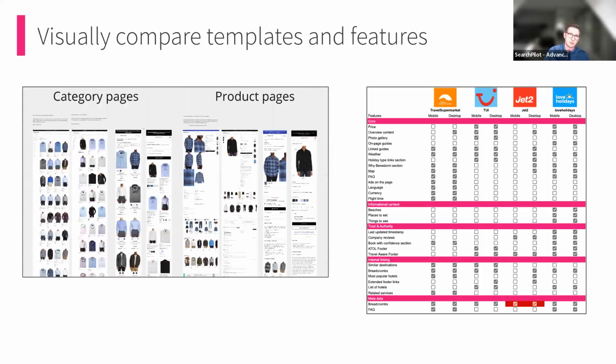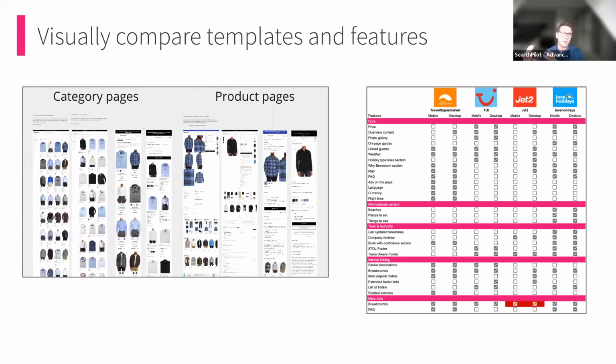Another way is to visually compare your template versus your competitors. I've done this a bunch of times. The reason why I like to use it visually is I find there's something different about having both sites or multiple sites in front of you, rather than looking at your competitor's site, then your site, then another competitor's site.